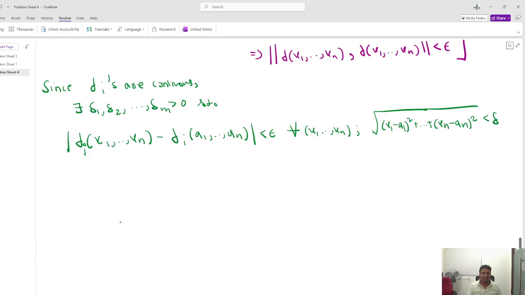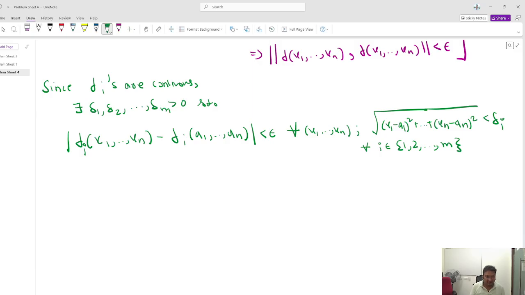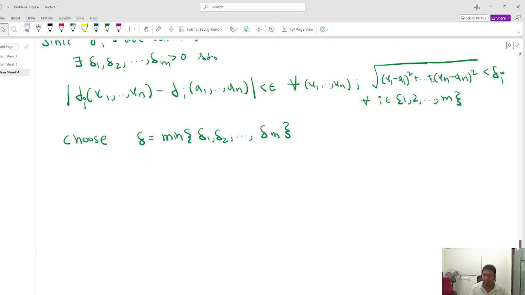This is happening for every i. So let us call this delta i, for every i from 1 to m. Now you have various deltas. What you always do, you choose the minimum of these, right? So choose delta to be the minimum of delta 1, delta 2, up to delta m. Now if this holds for every delta like this, all of them will hold.